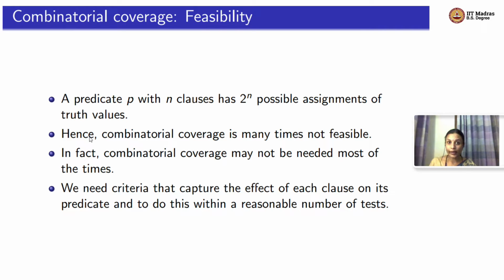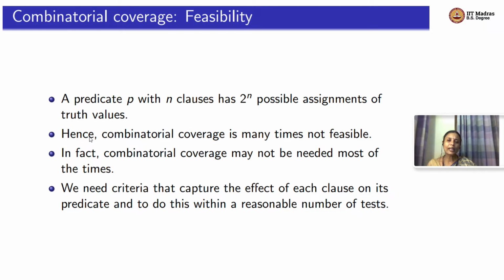So this is an exponential number of combinations, and it's an expensive deal in testing to test for all the combinations of criteria. And like we saw in loop coverage, it may not be necessary to test all the combinations. First of all, the number of combinations can grow exponentially large with the number of clauses. If there are n clauses, then all combinations coverage needs 2 power n test cases to achieve its test requirement. And it may not be needed also.